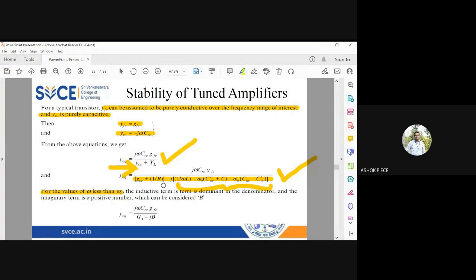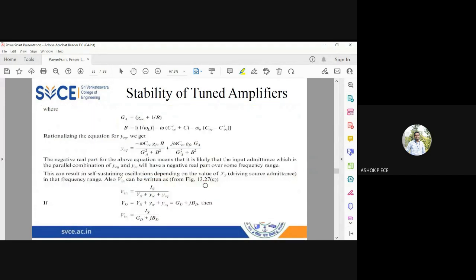So when omega is less than omega_0, this inductive term is going to dominate, so I am going to consider that as positive. I am going to consider the entire real term as G_A, and the entire imaginary term as capital B. So j omega C_re g_fe divided by G_A minus jB. G_A is going to be this real term, G_oe plus 1 by R, and B is going to be the entire imaginary term in brackets.